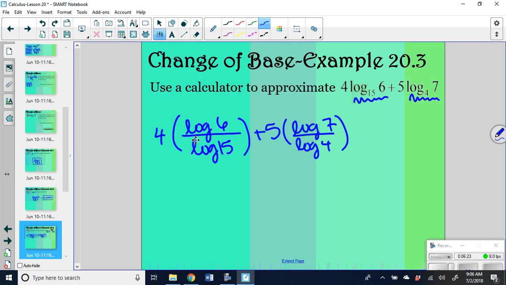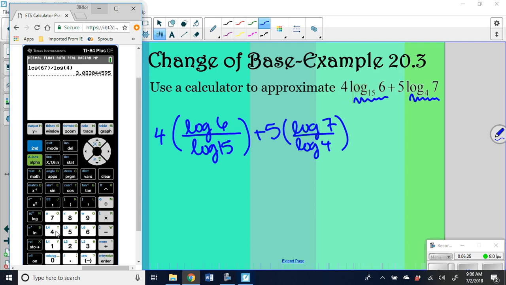So if you use your graphing calculator, you can actually do all of that in one line, but I'm going to break it up just so that you can see a little bit more clearly what you're doing. So you do log of 6 over log of 15, and then you do log of 7 over log of 4, and then we're going to do 4 times that first number plus 5 times that second number that we got.